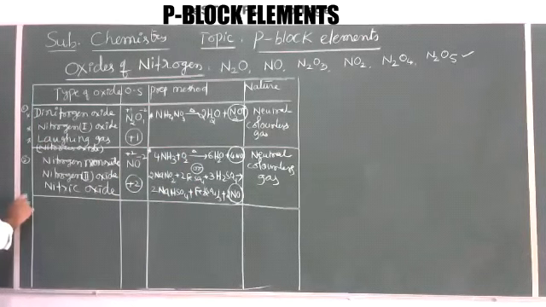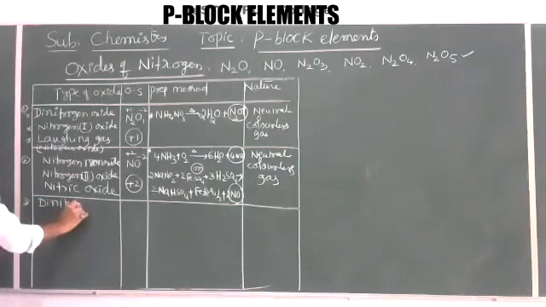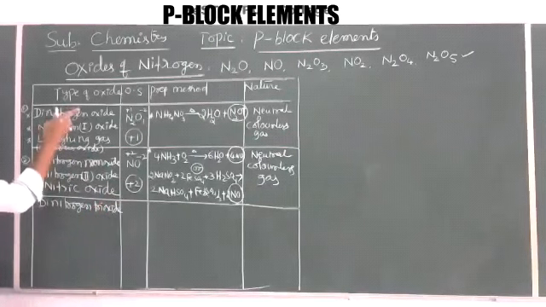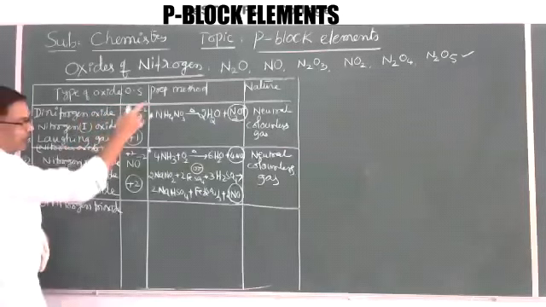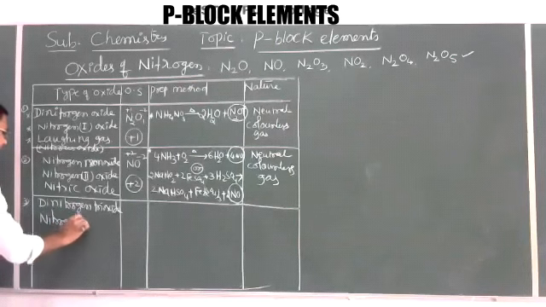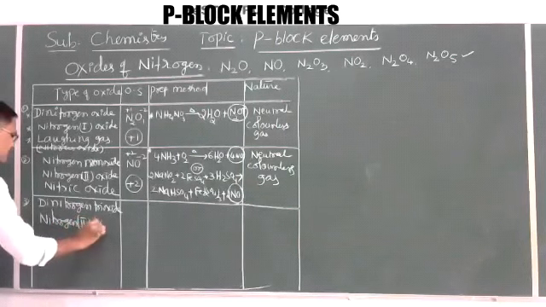Then the third one is dinitrogen trioxide. This dinitrogen trioxide, the third oxide, is called nitrogen 3 oxide.